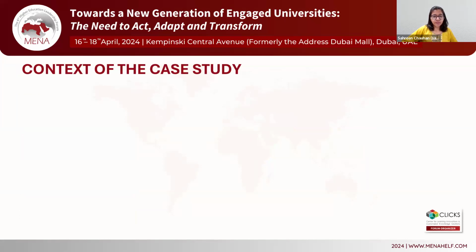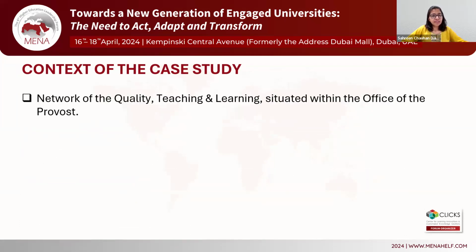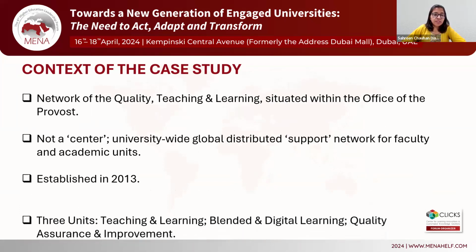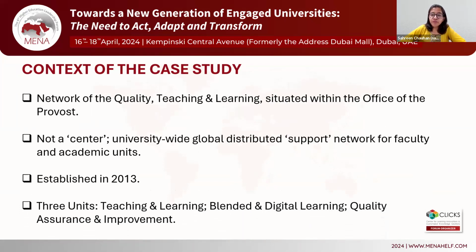So let's move on and talk about the context of the case study. Ten years ago, the university established the Network of Quality Teaching and Learning, which is situated within the office of the provost. Rather than a center like any other teaching and learning center, we called ourselves a network because we are geographically spread across the university.